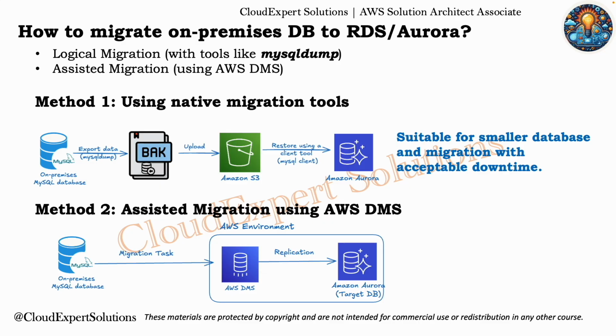Then you need to create and run a migration task such that DMS can perform a full load of existing data and optionally replicate all ongoing changes, which is called change data capture or CDC, and it will keep your database in sync until you cut over.